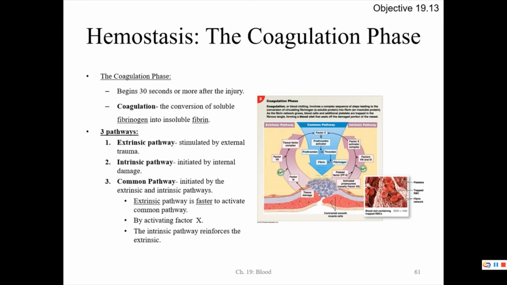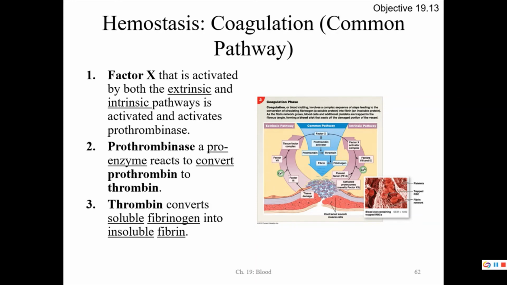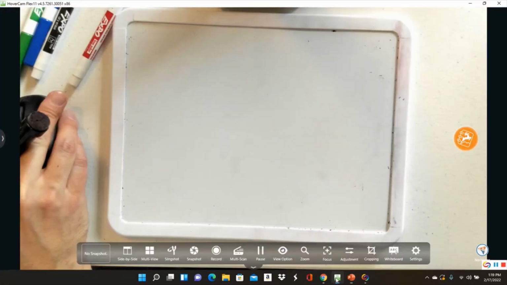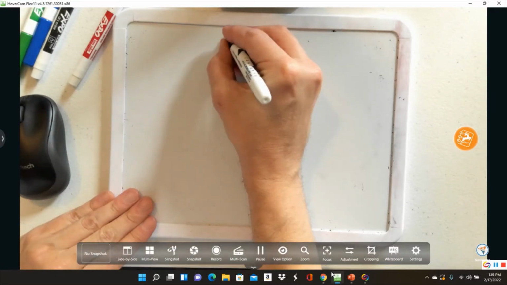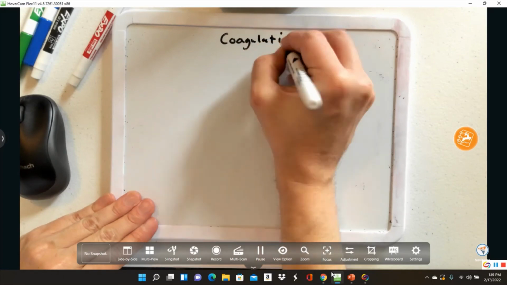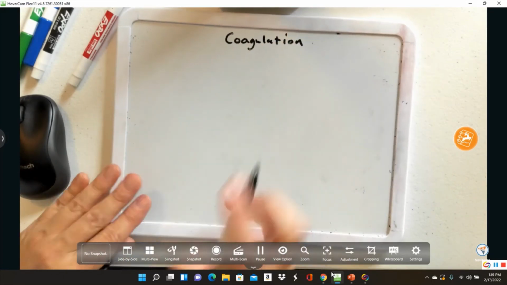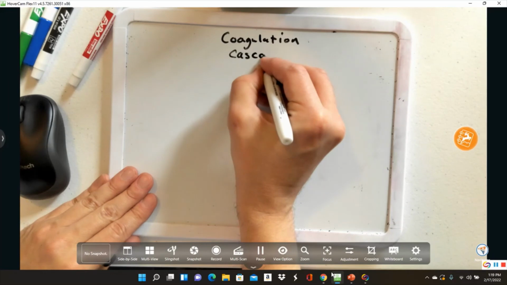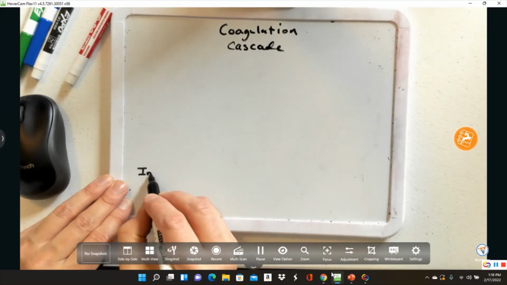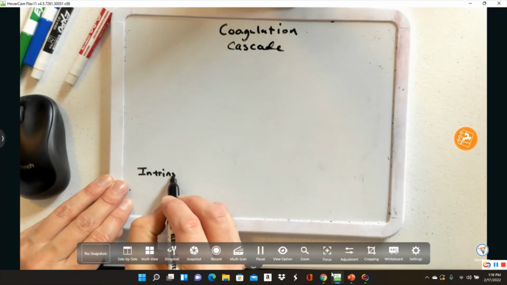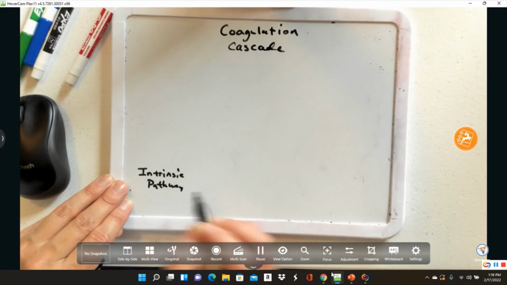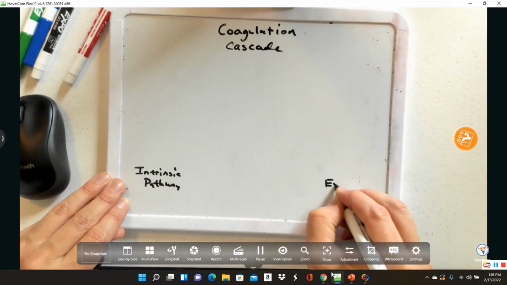Okay. So let's talk about coagulation. With the coagulation cascade, remember there is an intrinsic pathway and there's an extrinsic pathway.